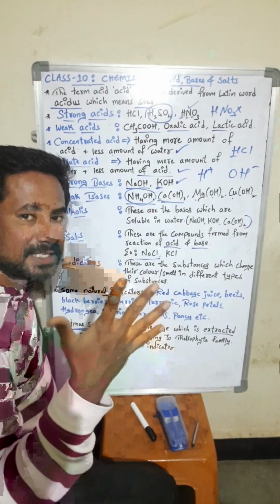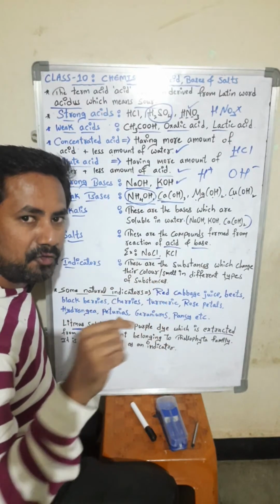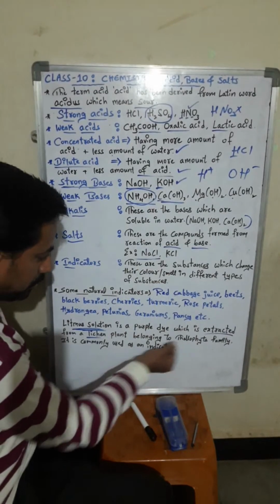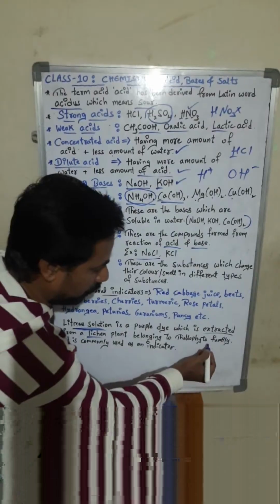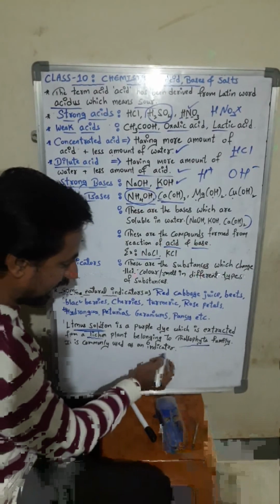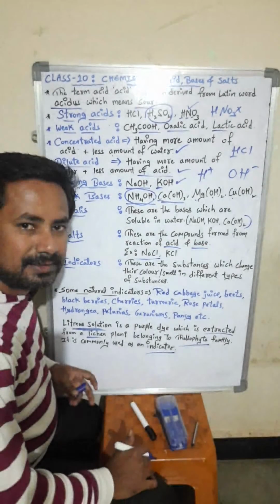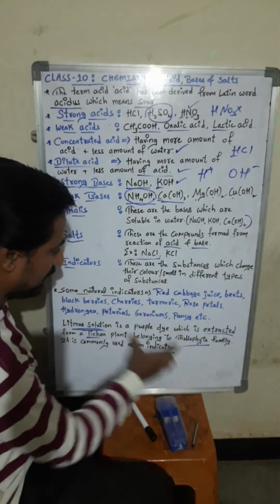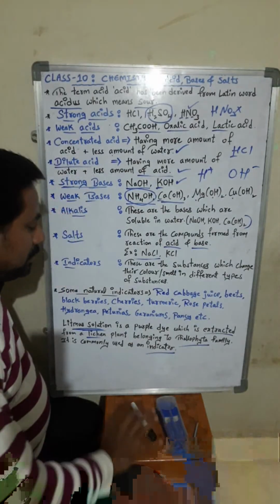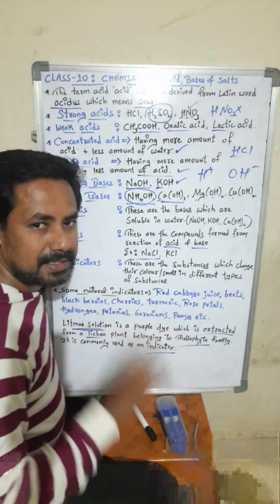Thallophyta is the first type in the plant kingdom. So lichen belongs to Thallophyta, and it is commonly used as an indicator. With the help of this we can easily identify whether the given substance is acid or base.